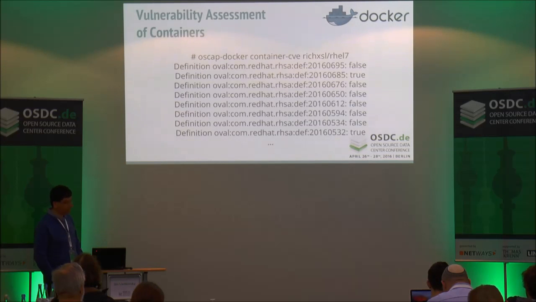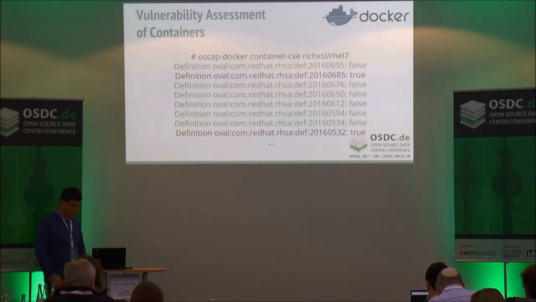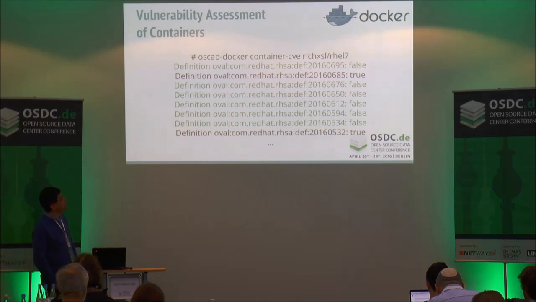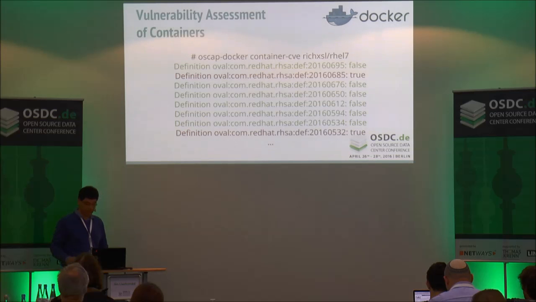What matters here is the last column, in the sense that all those lines that finished with the state of false mean that the container isn't prone to that specific security flaw. The situation is worse when the specific advisory was met, when the result was true. In that case, it means that the container is vulnerable to some known security flaw that actually got a fix for the issue.